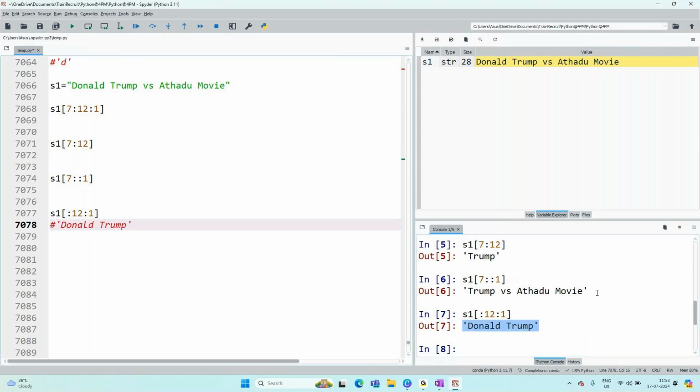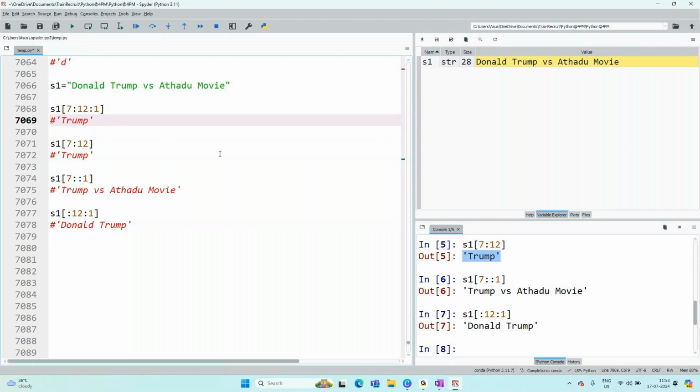First one is also same. Clear now? Okay. Now one more common sense question.